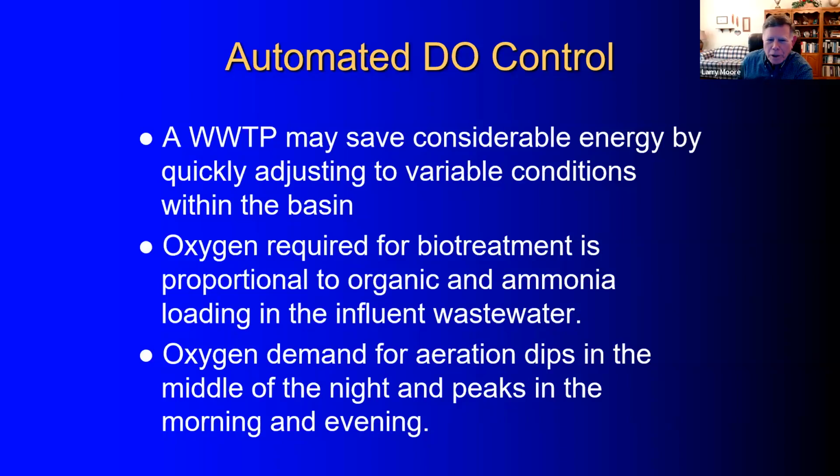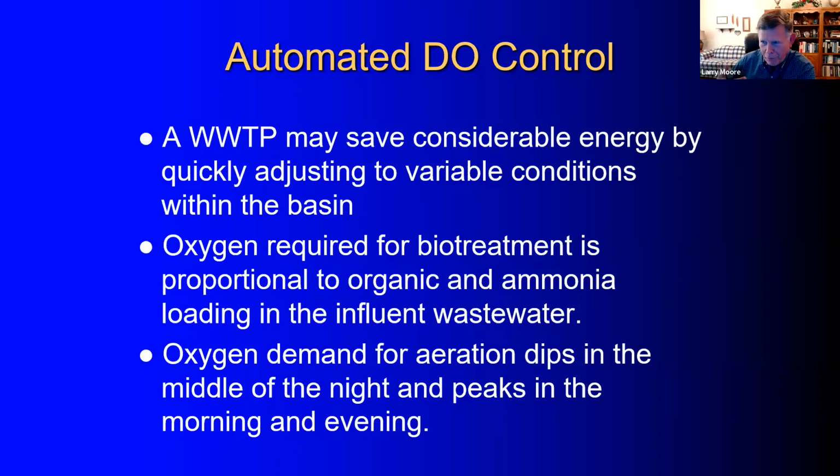And another thing we've got to worry about is what's controlling our oxygen demand? Well, mainly it's how much carbonaceous BOD and nitrogenous BOD is coming in the influent. And if we're an activated sludge process and we operate at a sludge age, or MCRT or SRT, whatever you want to call it, the age of the biomass, over about 10 days, then you're going to be doing an excellent job of nitrification.